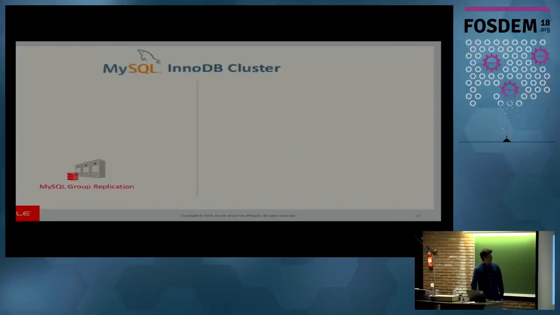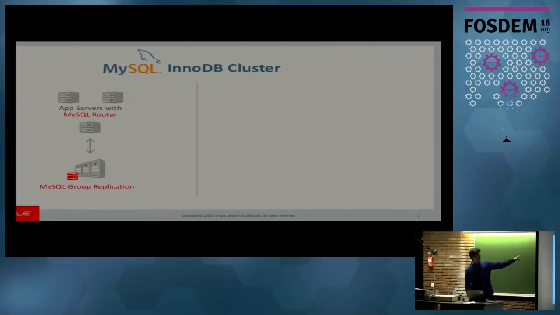So, going bottom-up on the stack of the components of InnoDB cluster, we have the data servers running MySQL and the group replication plugin. Then we have the application servers with the router. That is the other component that I didn't introduce yet. The router is a very lightweight middleware component that provides transparent routing between your connections and the servers with the data.